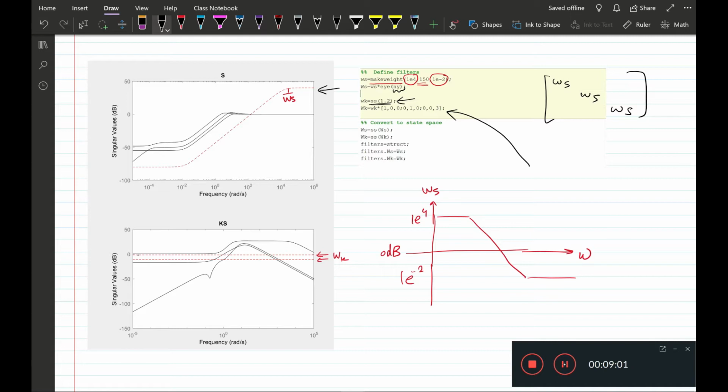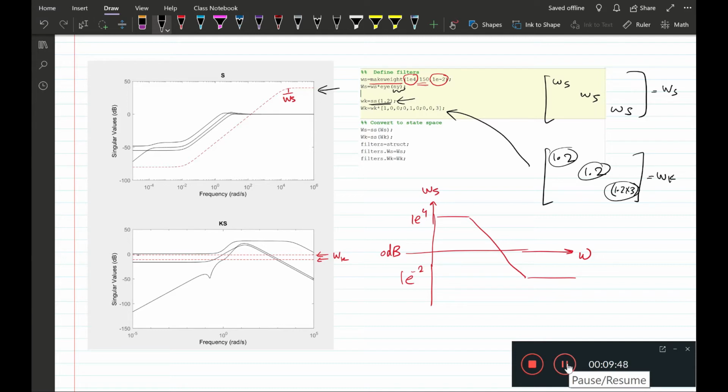That is just a static system with A, B, C matrices 0 and D equal to 1.2. Now we multiply the third channel by 3, so we have WK something like this and WS something like this, and that's why you see 2 lines here instead of 1. The 2 lines with 1.2 and 1.2 are overlapping here, and the other line is 1.2 times 3.